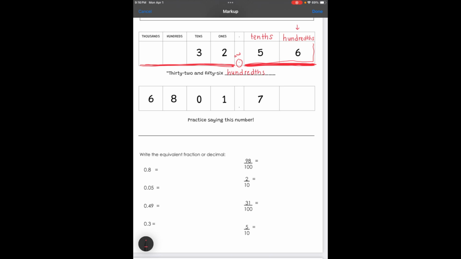Go ahead and practice saying this next number to yourself. I'm not going to make you write it out in word form, but you should have said 6,801 and 7/10ths. The 7 ended in the tenths place, so that would be our label for this decimal number.